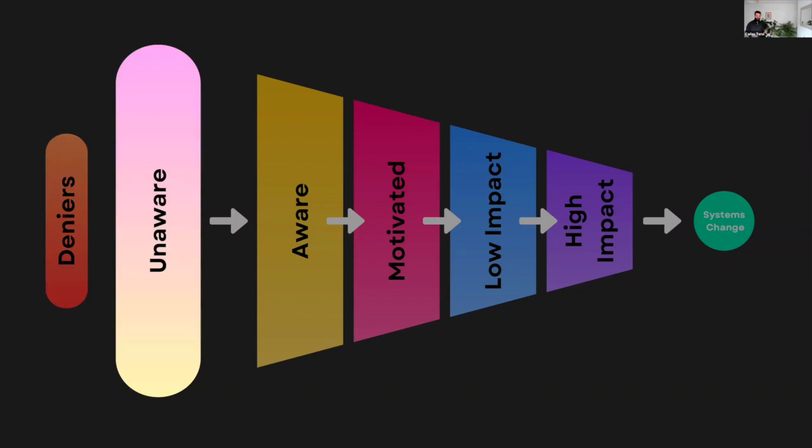Now, for people who are unaware of climate change, one of the best ways to engage them is by not mentioning the words climate change, even if it sounds counterintuitive. Research by the Potential Energy Coalition found that the best way to engage people in the climate crisis is to talk like a human, avoiding jargon, numbers, and statistics.